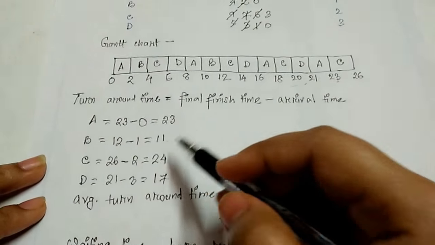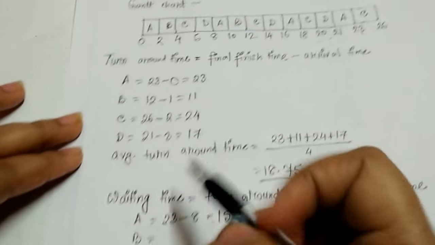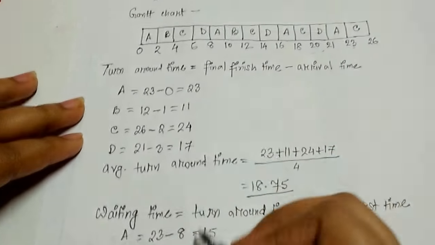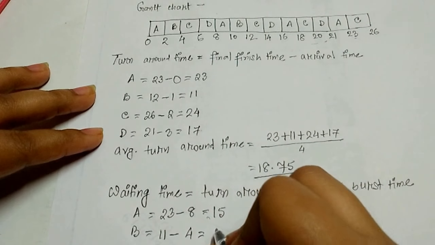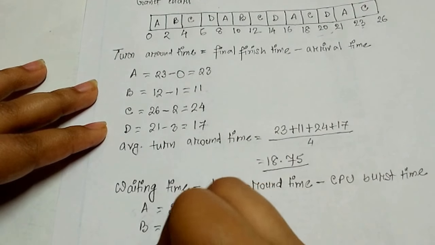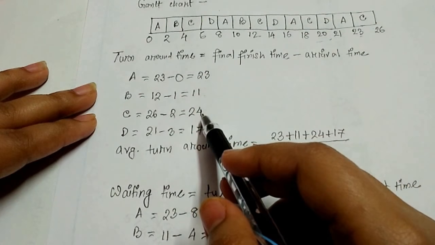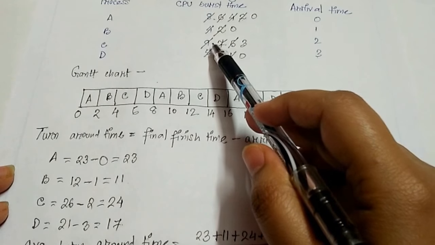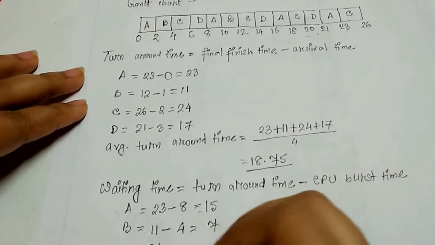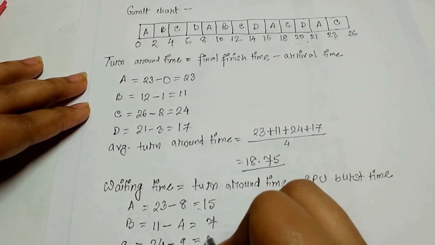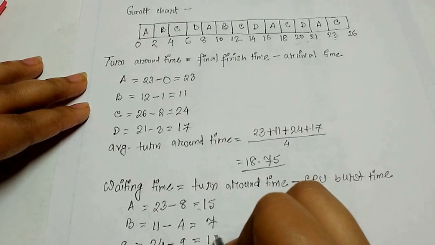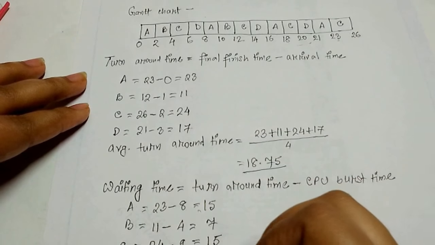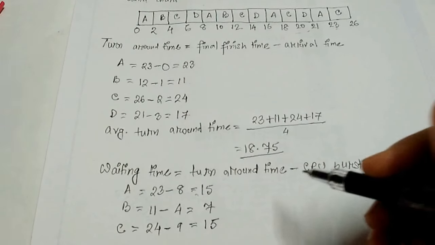For process B, turnaround time is 11 and the CPU burst time is 4, that is 7. For C, turnaround time is 24 and the CPU burst time is 9, that is 15.